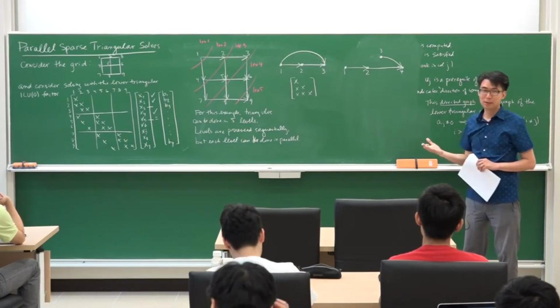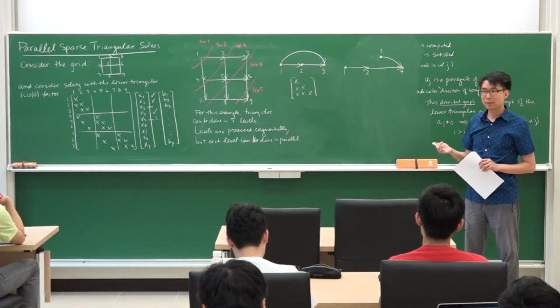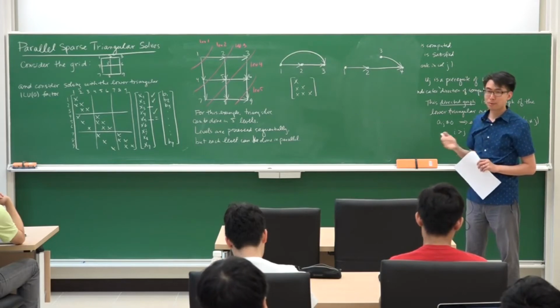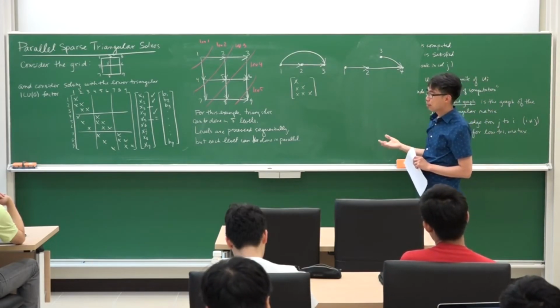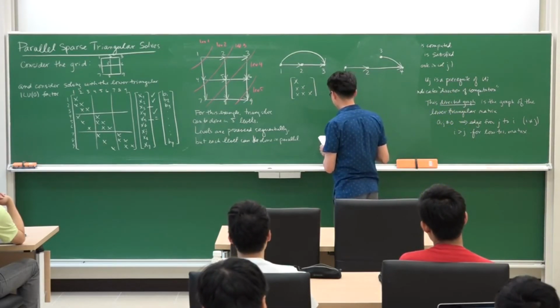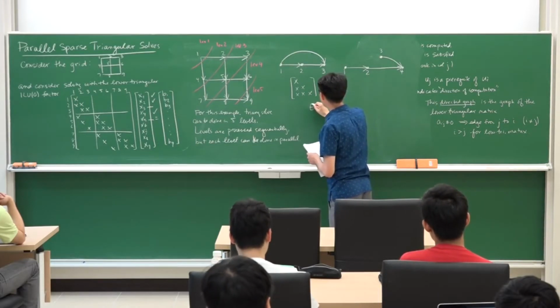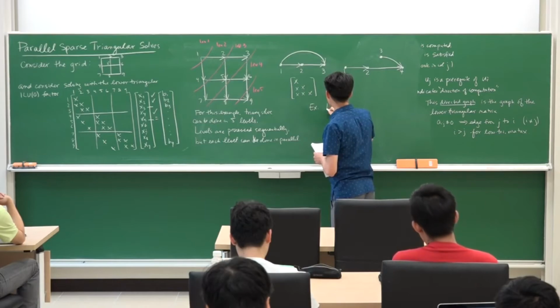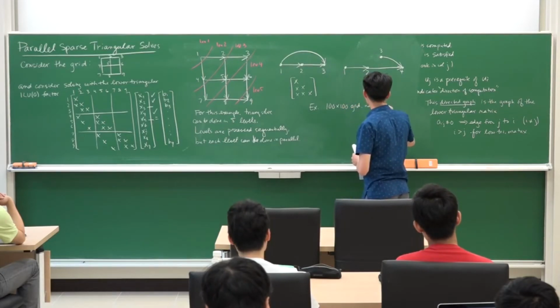All right, now let's do a problem in which I cannot draw the graph. So suppose we have a grid that is 100 by 100. And we're going to take that structure and take the lower triangular part of that structure. And so here's another example, 100 by 100 grid, natural ordering.